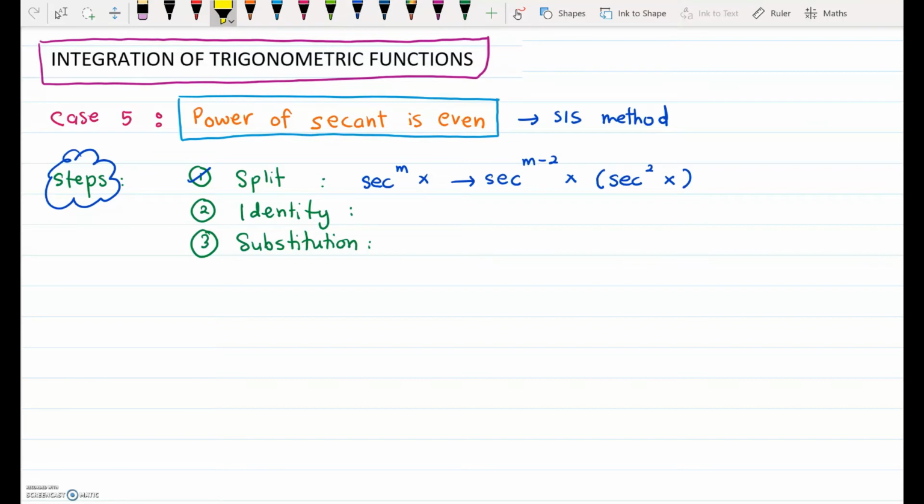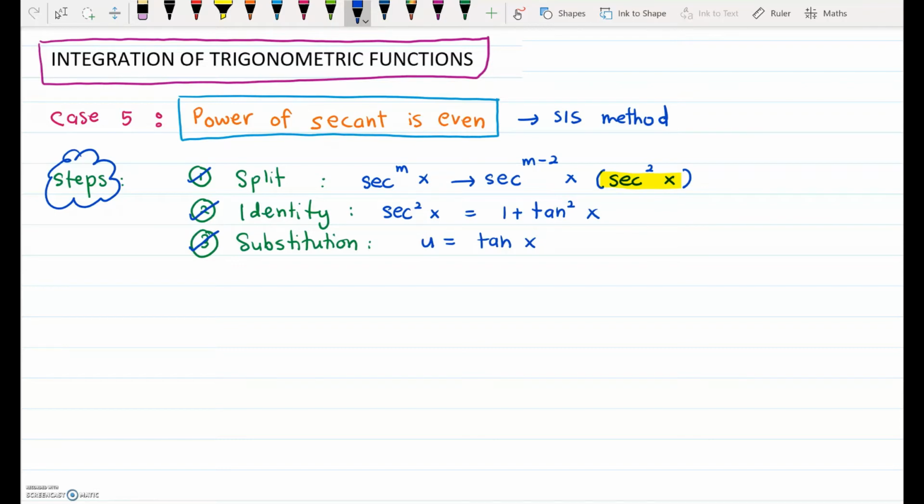Remember, this is the most important term in your split. Next, we use the identity for secant square: secant square x equals 1 plus tangent square x, or tangent square x plus 1. Lastly we use substitution, so u equals tangent x.